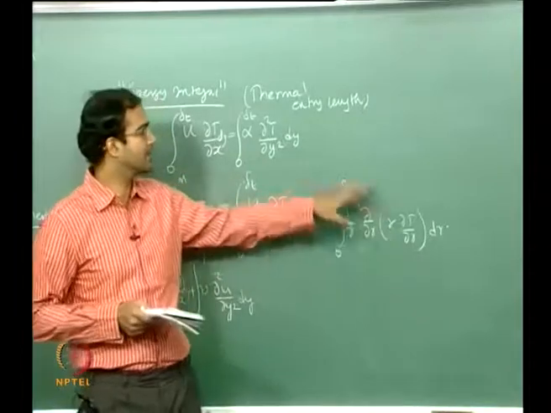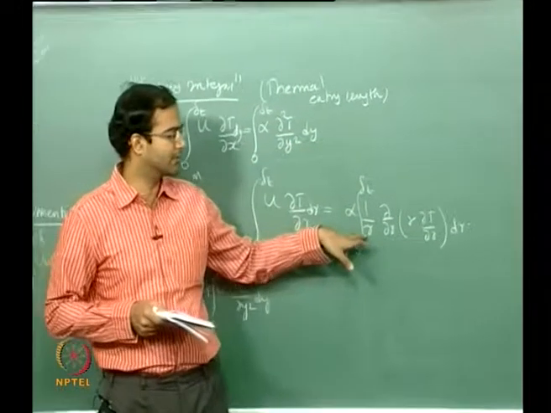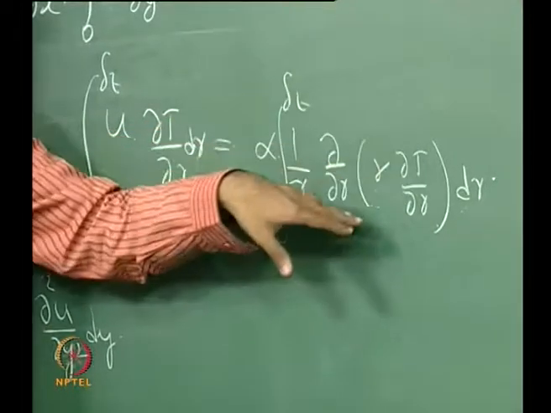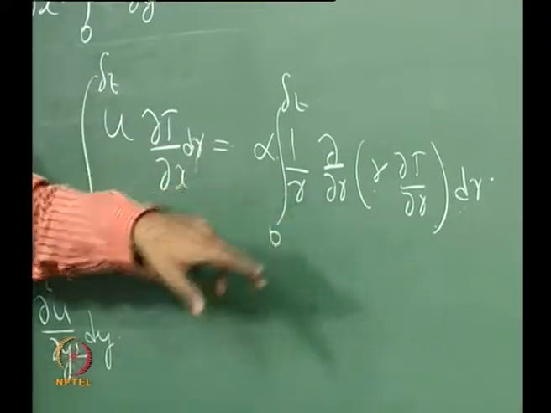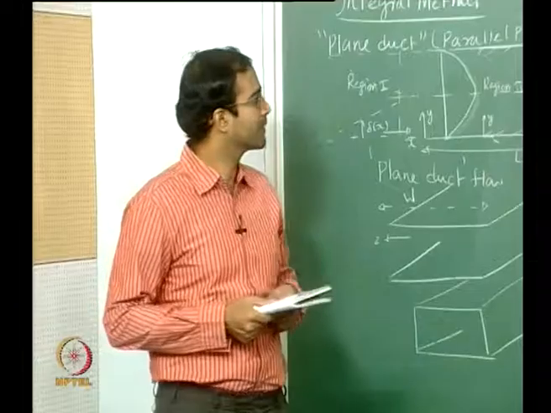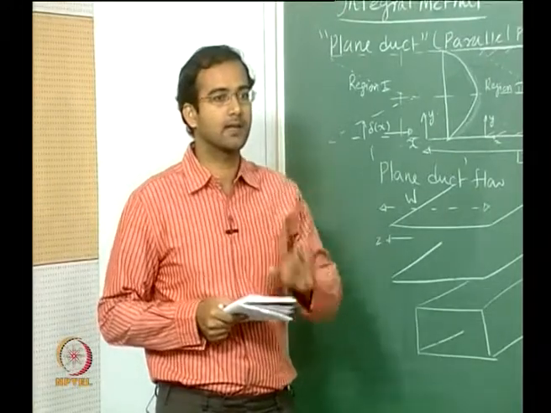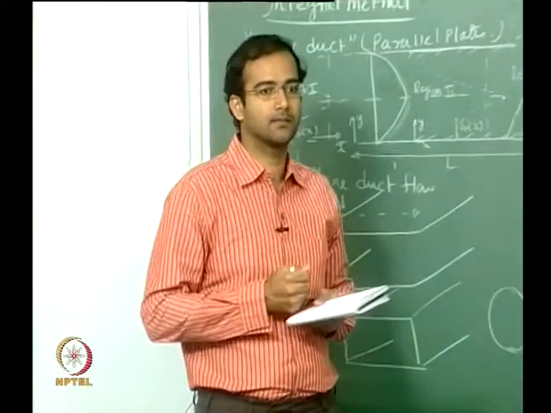You cannot just say this is dT by dy at y equal to 0. This is a function of r, and you have a function of r inside also. So this becomes a little bit more cumbersome to apply to a circular cross section. Therefore most of the solutions using the integral technique are restricted to the Cartesian coordinate system.